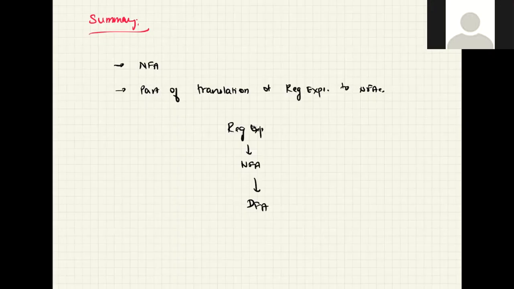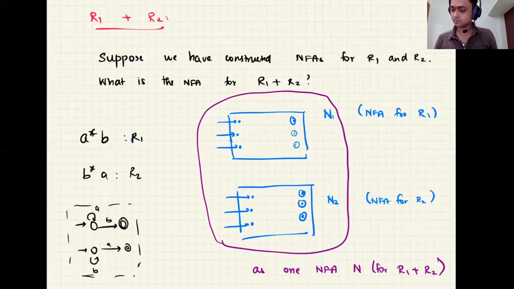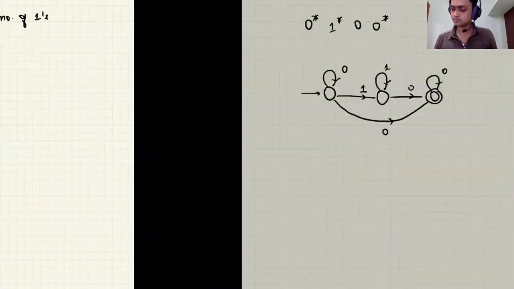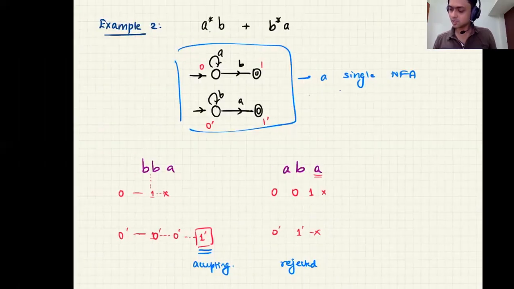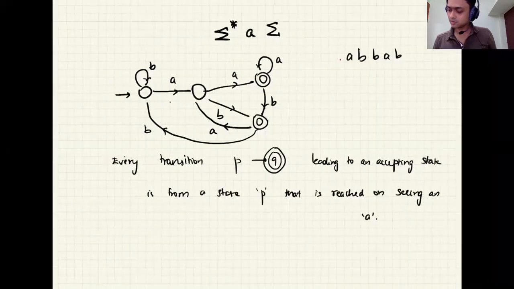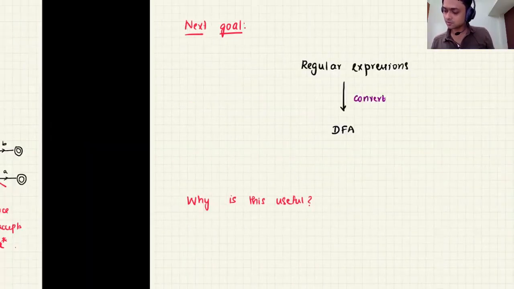So yes, I have a question. In the A star B plus B star A DFA that you had made. The DFA that I made. This is the NFA. Where is that?